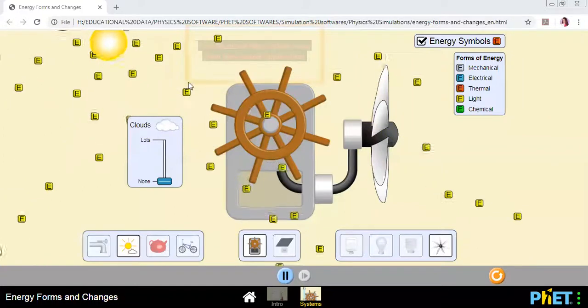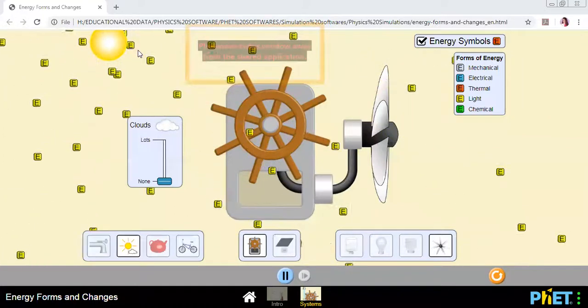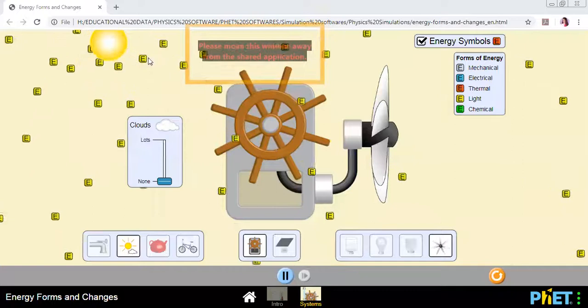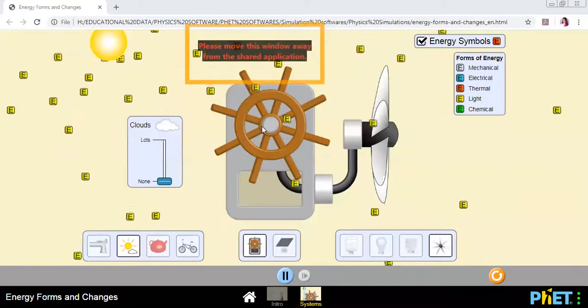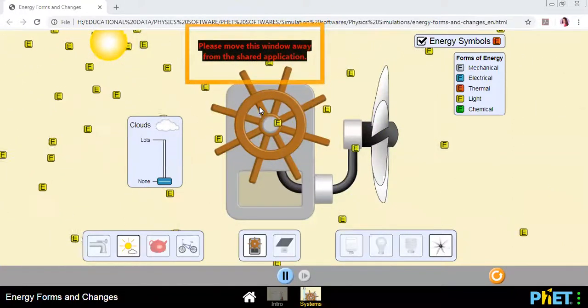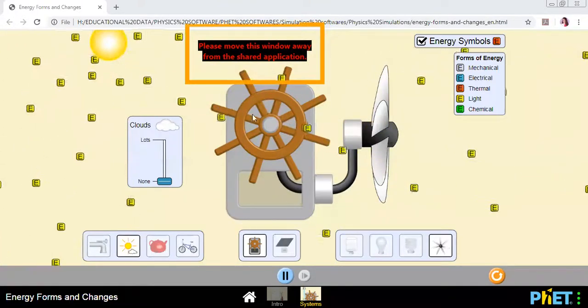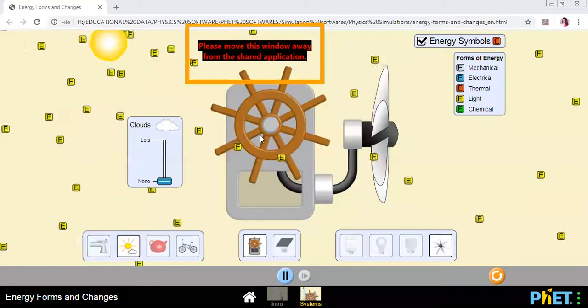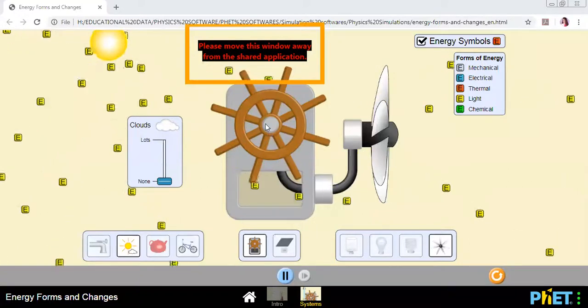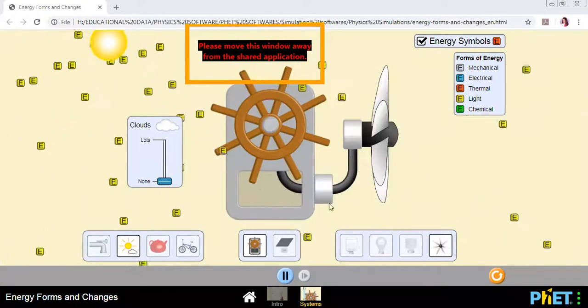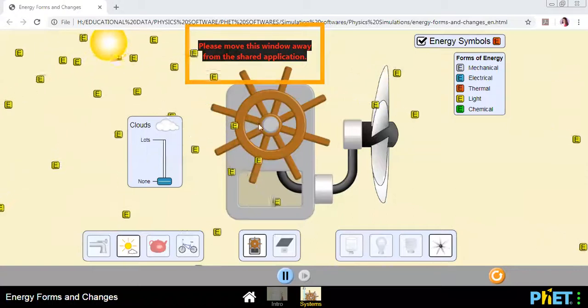What is important for our purpose is light energy. So we are getting light energy from the sun, but if the light energy falls on the turbines, the turbine will not rotate. I hope you are understanding this: when the light falls on the turbines, they will not rotate, and due to that there is no further conversion of any energy.